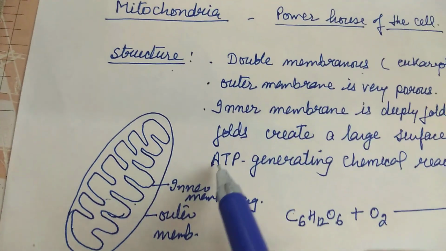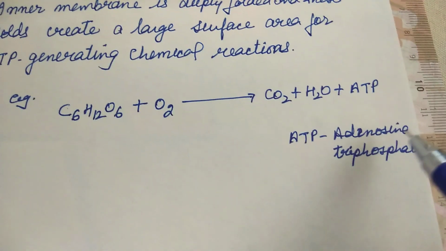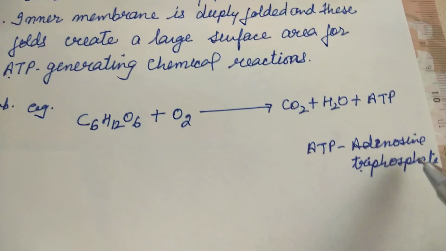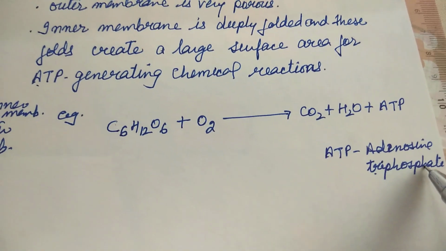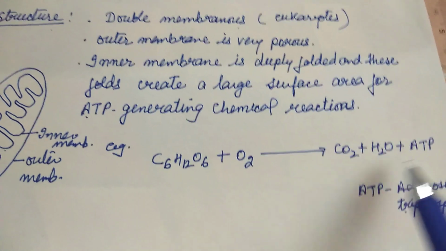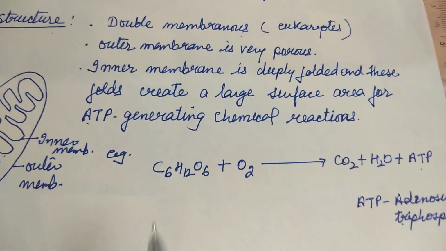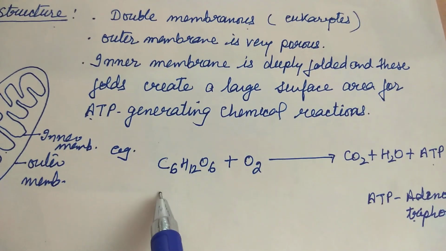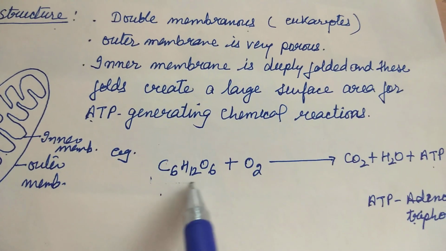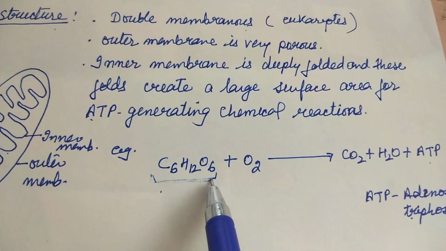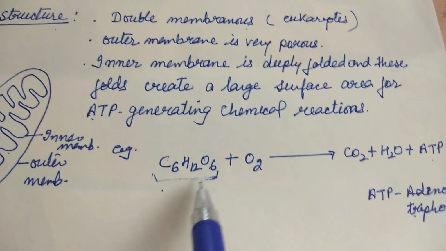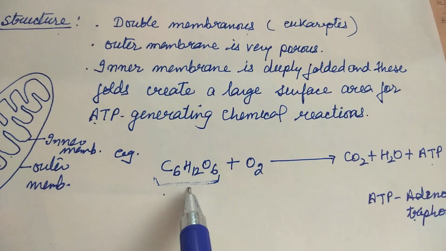So what is ATP? The full form of ATP is adenosine triphosphate, right? This ATP is generated, and how is it generated? The food we eat, in its simple digested form, goes to the mitochondria.